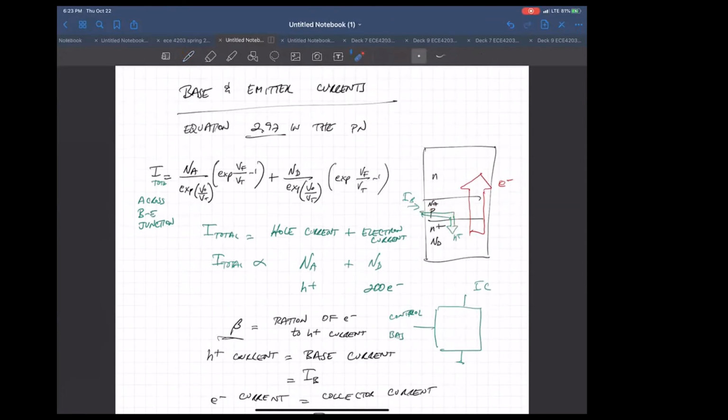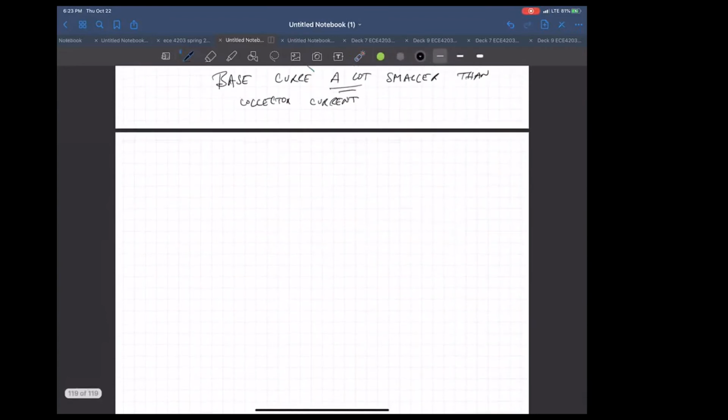If I redraw this as a circuit, I have this collector current and this base current, and all of that is coming out of the emitter. So by KCL, I sub emitter is I collector plus I sub base. That's all there is to it.